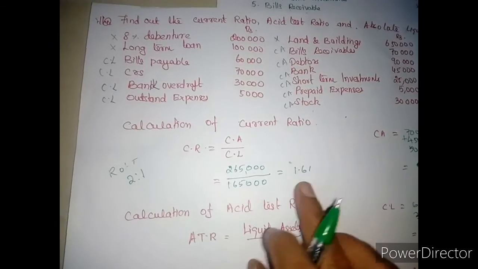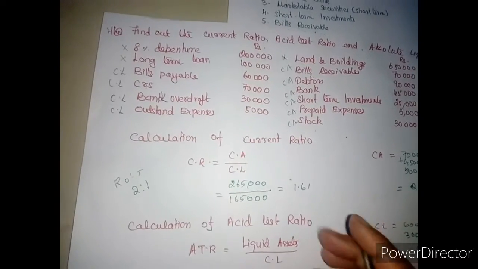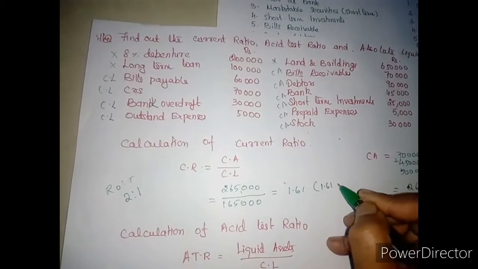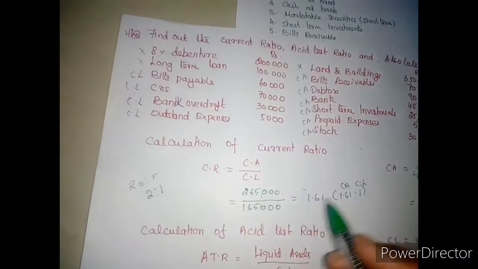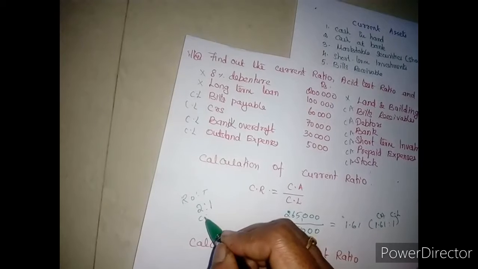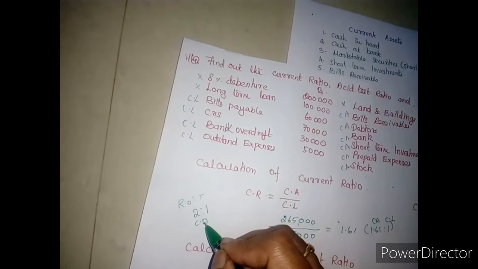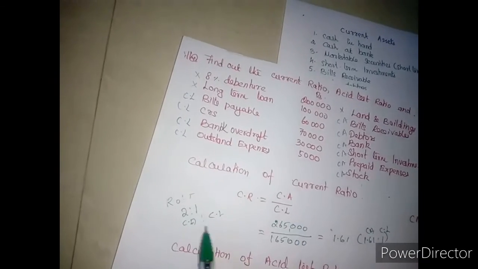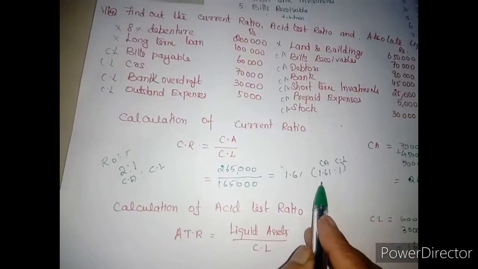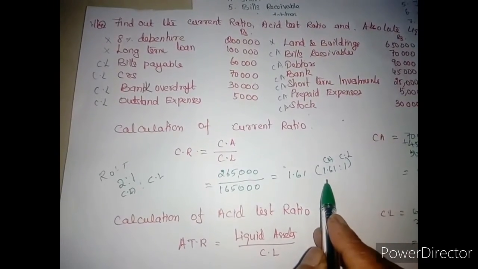While we are comparing these two, it means 1.61:1, current asset to current liability. The rule of thumb for a good position is current asset 2 and current liability 1. When we compare, the position is not good, so we have to improve more.